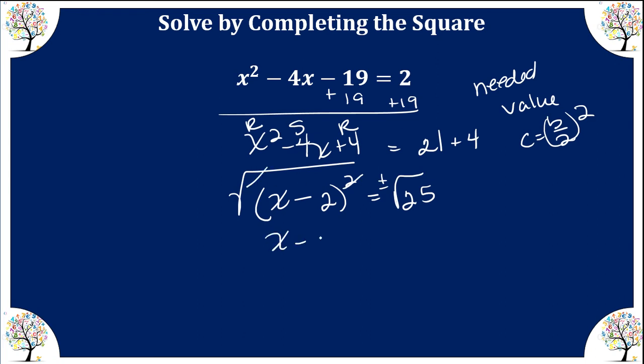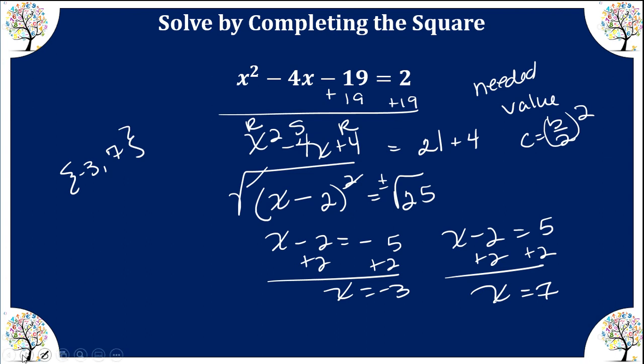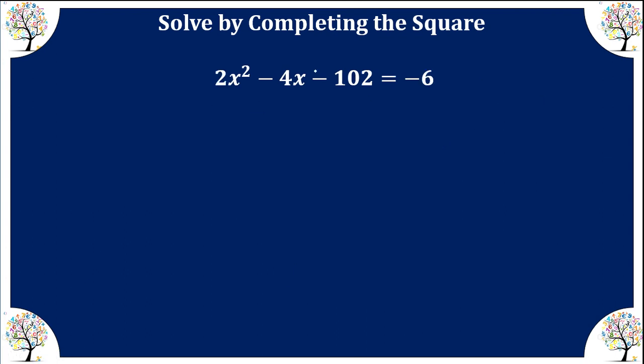We have x minus 2 equals negative 5 and x minus 2 equals positive 5. We're going to add 2 to both sides. x equals negative 3 and x equals positive 7. So negative 3 and 7 are the two solutions, the two roots, the two x-intercepts.